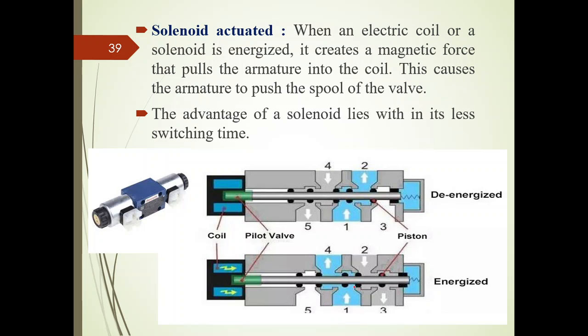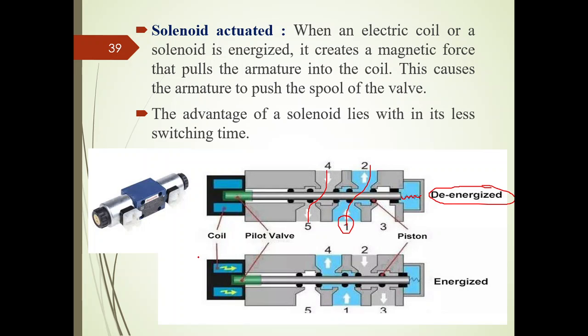Assume the first diagram is for the de-energized condition. In the de-energized condition, the spring force is more compared to the coil force. The coil is in the deactuated position. So here the flow will take place from 1 to 2 as well as from 4 to 5.